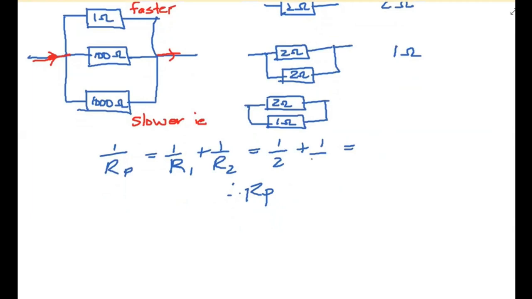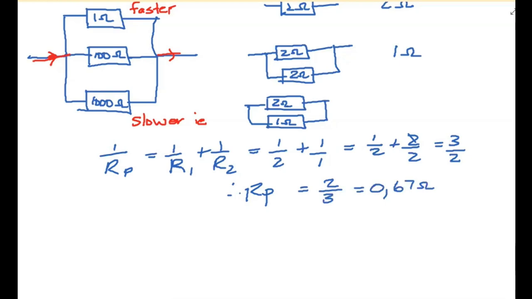It's going to be 1 over 2 plus 1 over 1, which is going to be 1 over 2 plus 2 over 2, which is going to be 3 over 2, which means that my total resistance is then going to be, remember, you need to flip it over afterwards, 2 over 3, which is 0.67 ohms.